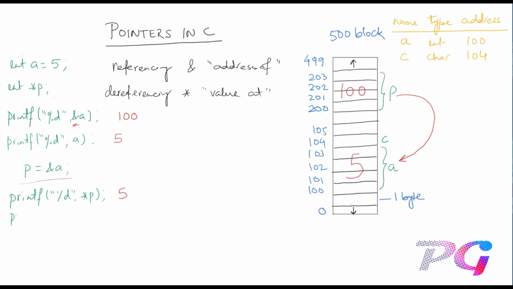And if we write printf p, because p is storing the address of a, it will print 100. Because asterisk p is simply the value at the address of a, if you print this, it will also print the value 5.